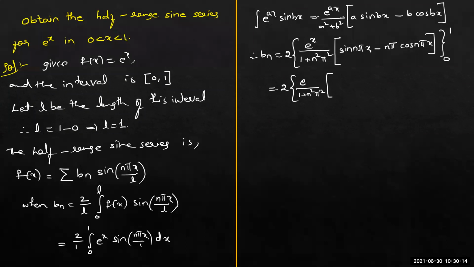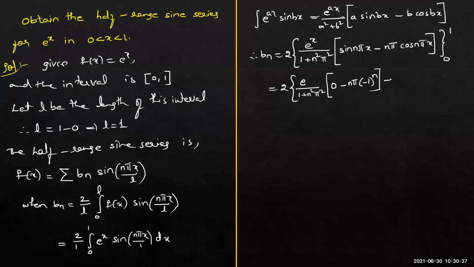When you substitute x equal to 1, the first term becomes sine n pi, and the value of sine n pi is 0. So I'm not writing it; if you want, you can write 0 minus n pi into cos n pi, since x is equal to 1 here. The value of cos n pi is minus 1 to the power of n. So you'll get these things for the upper limit.